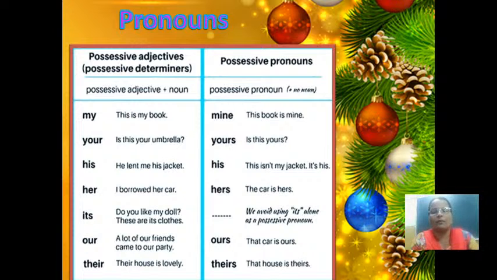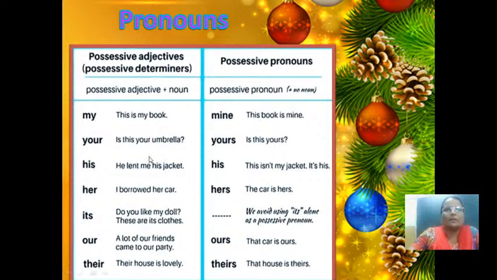That car is ours. Ours is the possessive pronoun, after ours there is no noun. That house is theirs. Theirs is the possessive pronoun, after that there is no noun. You can see it.